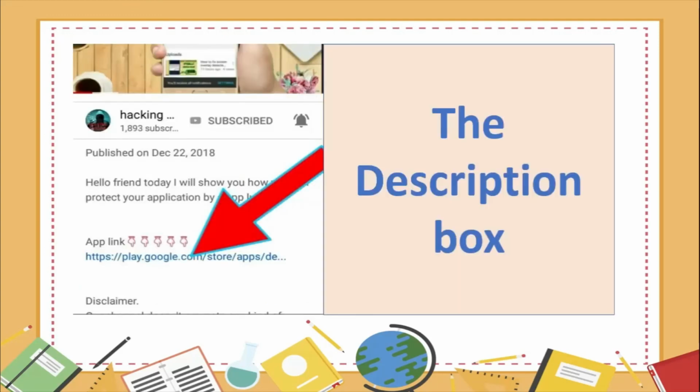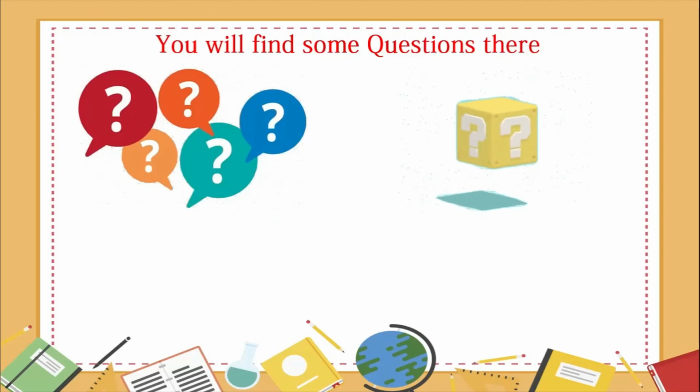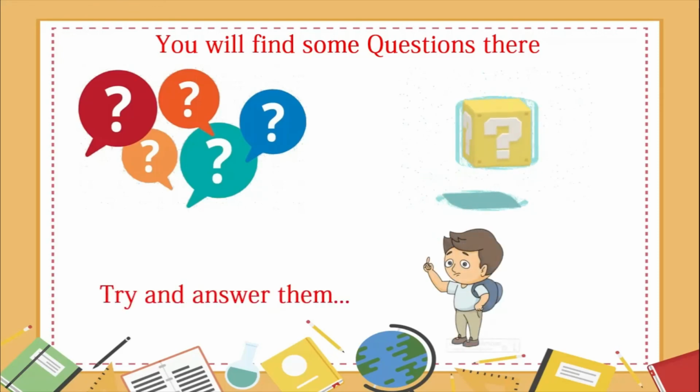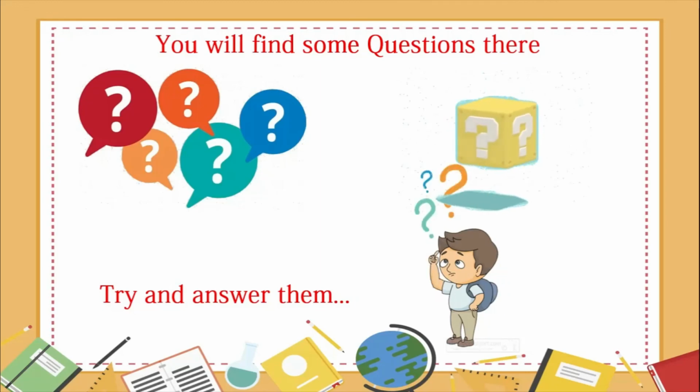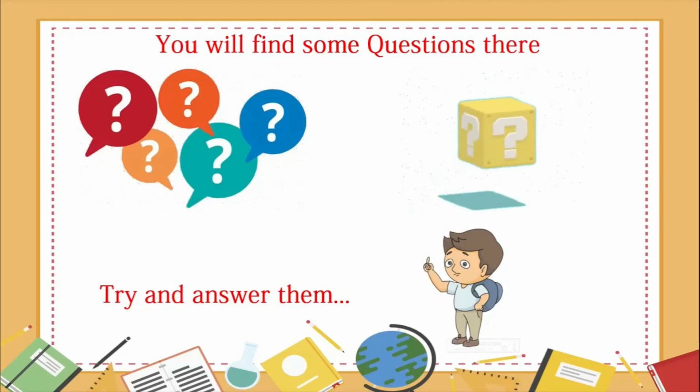See, the description box looks like this. After you go to the description box, you will see that there are a few questions there. Now what are these questions about? These questions are about the lesson that we just learned or the video that you just watched. So what will you do? You will think back properly about the lesson and you will try and answer these questions and note down the answers in your notebook if you want.